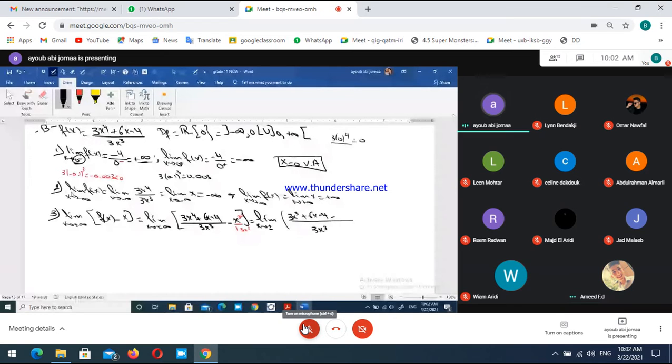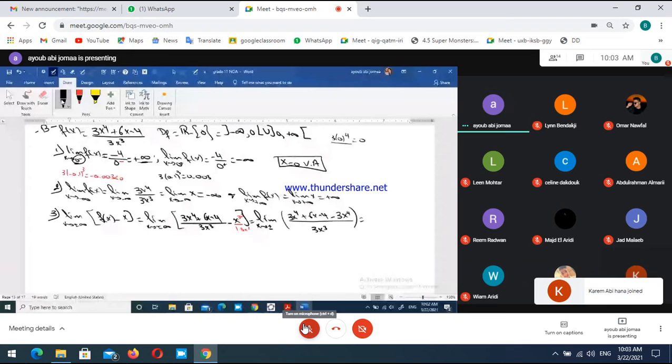Okay, we remove 3x to the power 4 minus 3x to the power 4, and we are left with 6x minus 4 over 3x to the power 3.